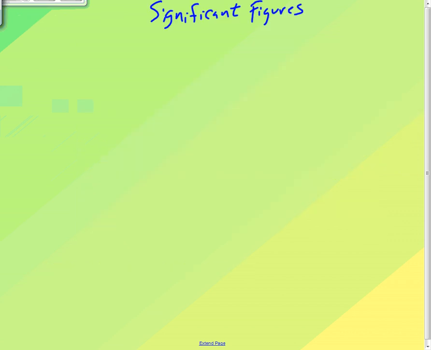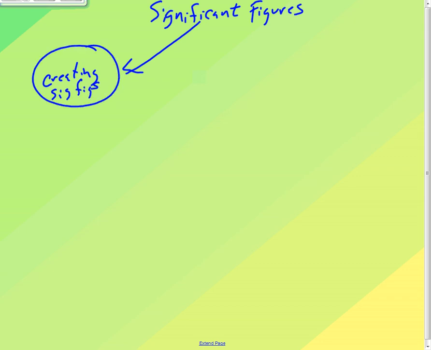Okay, let's go back here to our notes. Significant figures. I like to break up significant figures into two ideas. We have when you're making them, so I would say creating sig figs.